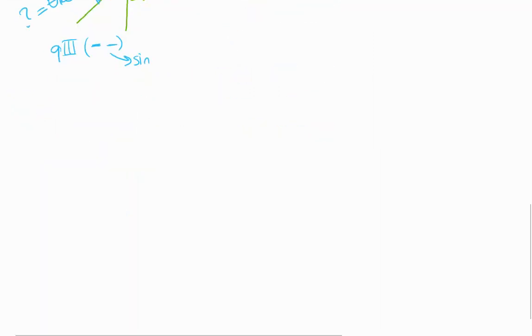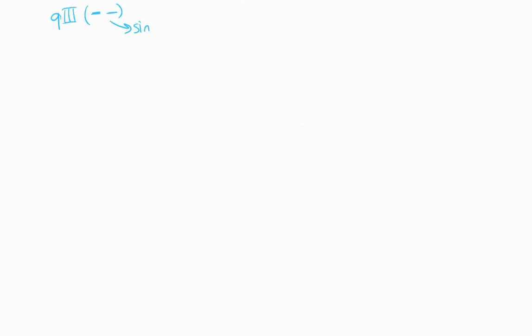And I have one more example. Let's use this color. Okay. Let's say we have cosine 720 degrees. Let me first visualize it. Where is 720 degrees?